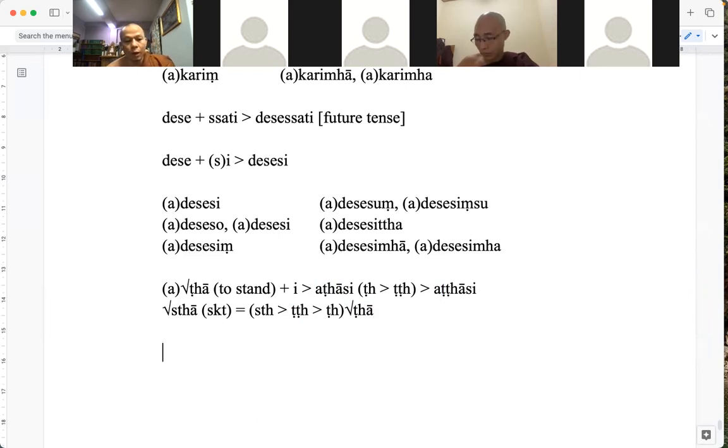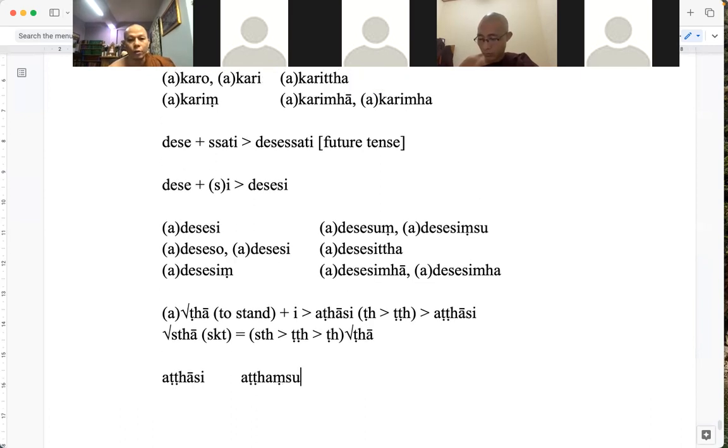So now the past tense third person singular is atasi. And the plural is also used at times.